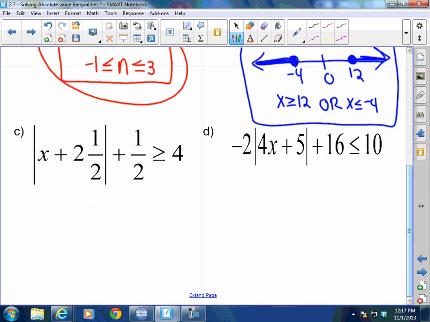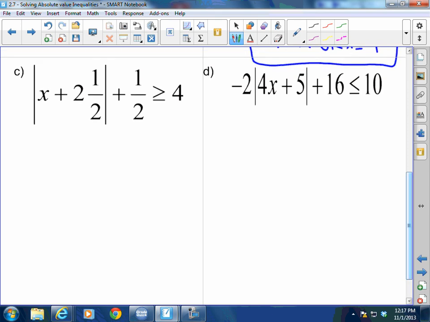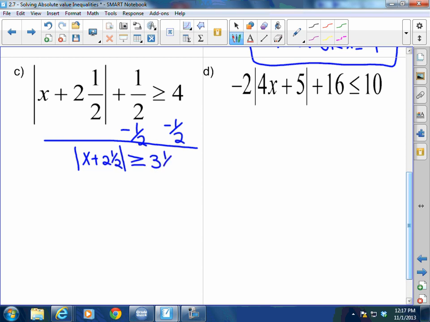Okay, your favorite. Let's throw some fractions up in there. All right, what do I got to do here first to get the absolute value alone? That's absolutely correct. So I'm going to have the absolute value of x plus 2 1/2 is greater than or equal to 3 1/2.